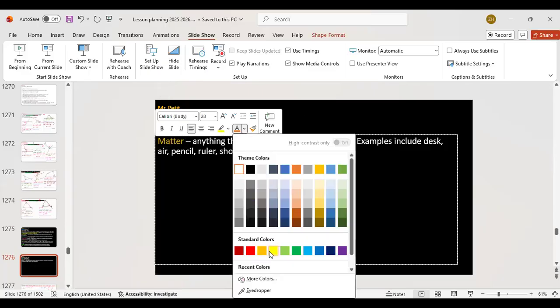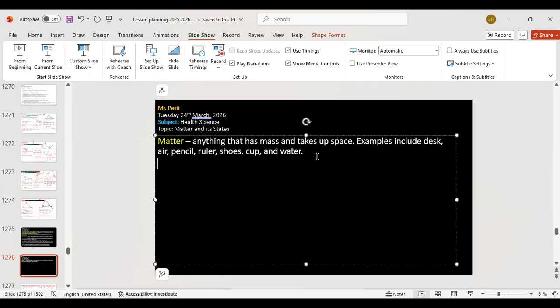Matter exists in three main states. What are the states of matter? Solid, liquid, and gas.